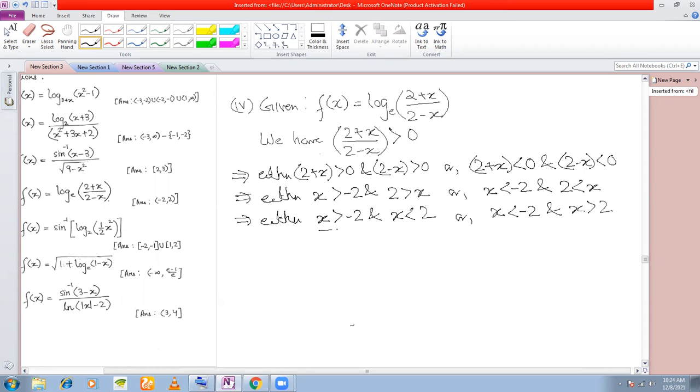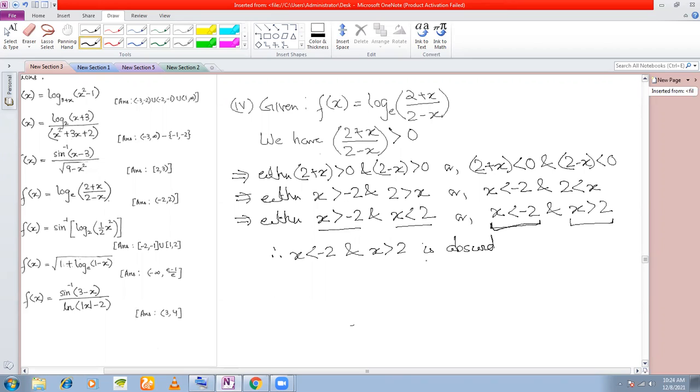Now you see x less than minus 2 and x greater than 2. Is there any real number that is less than minus 2 and at the same time greater than 2? There is no real number, right? Yes, sir. So therefore, x less than minus 2 and x greater than 2 is absurd, right?